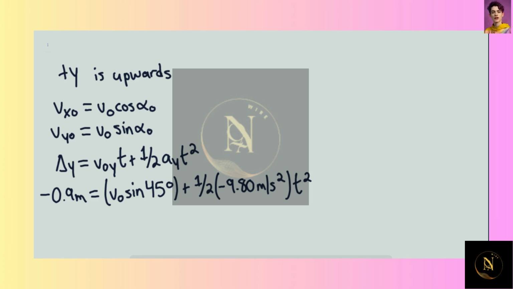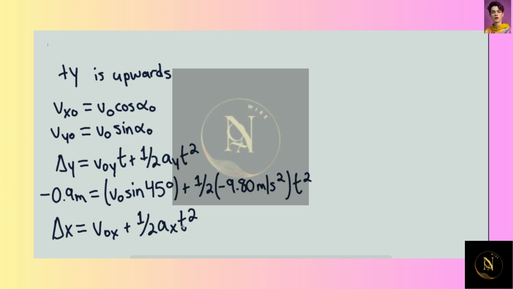In the x component, essentially we have delta x equaling v initial in the x direction times t plus 1/2 a sub x times t squared.